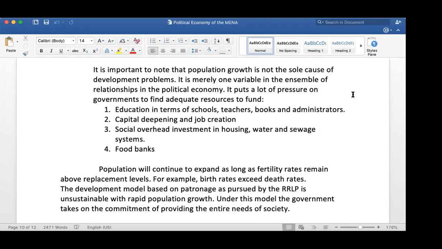In other words, it's not something that we can take for granted. So that's basically how the unemployment rate is measured. It's simply the number of unemployed divided by the labor force times 100.